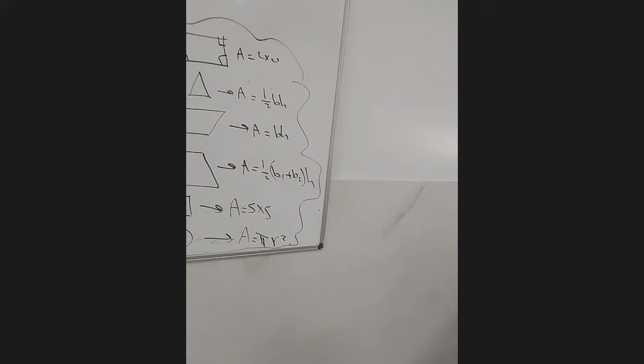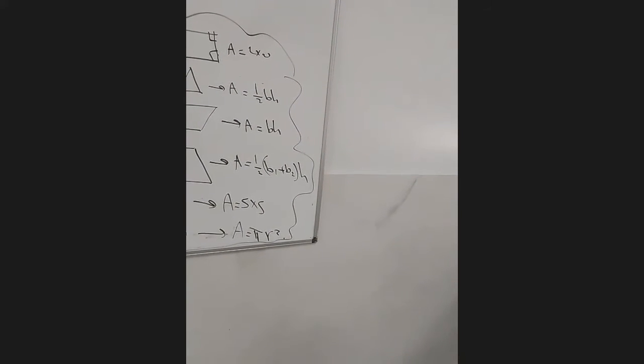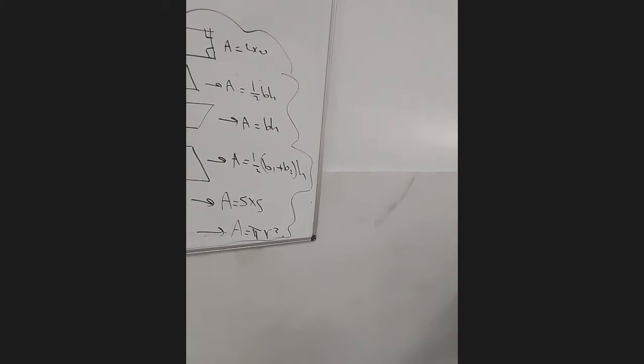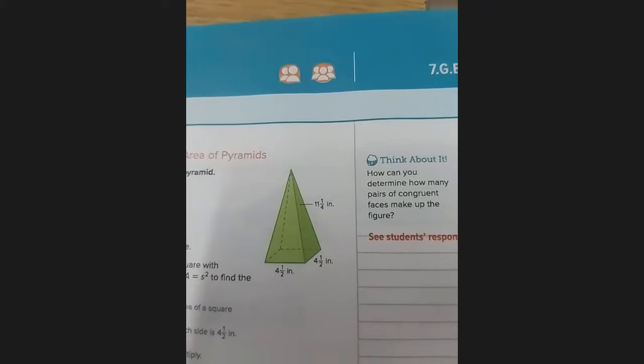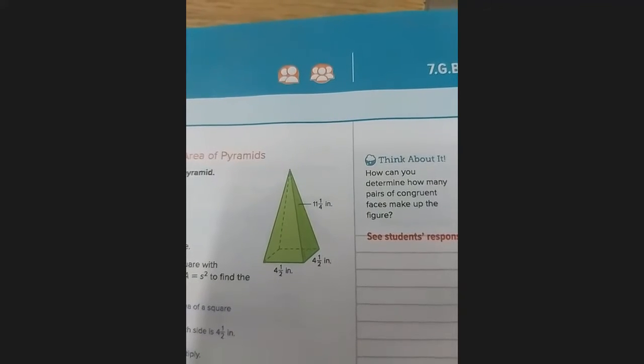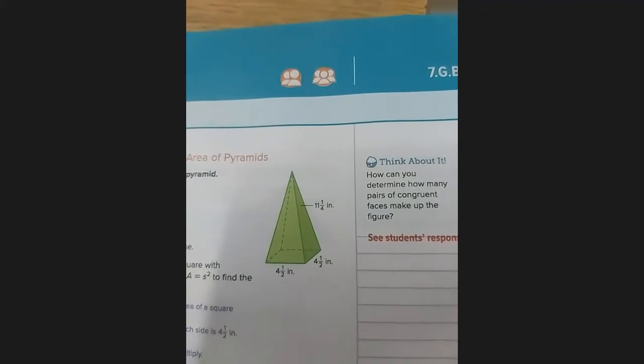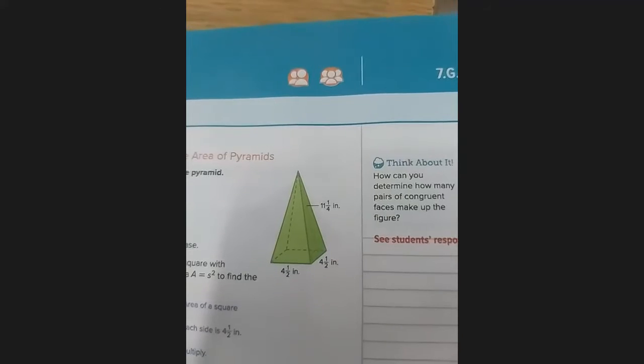I cannot hear you. 491. Okay, I'm in 491. What do they want from us? Read it. Example 3. They want the surface area of this pyramid, right, Ahmed? Are you with me, Ahmed? Do you hear me? Good.